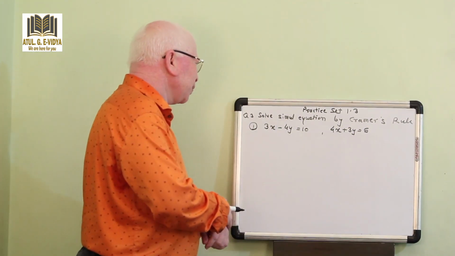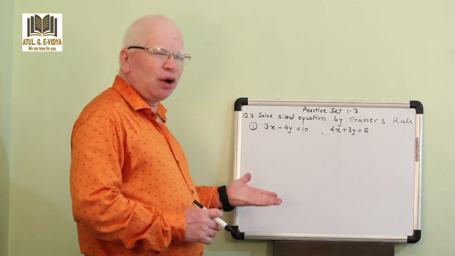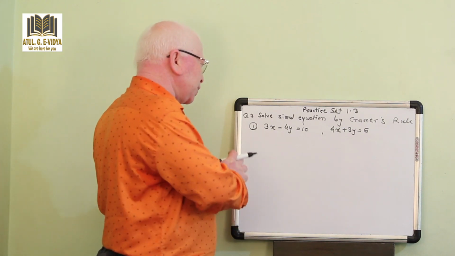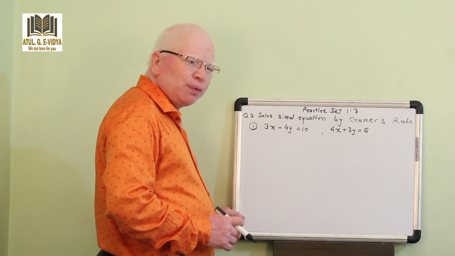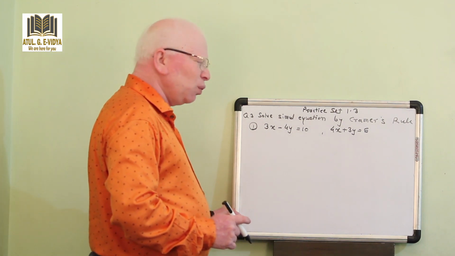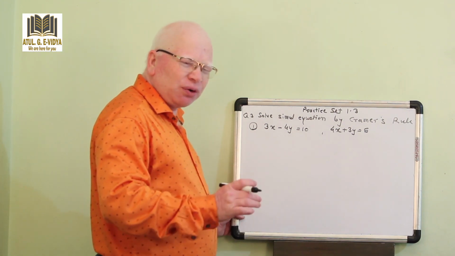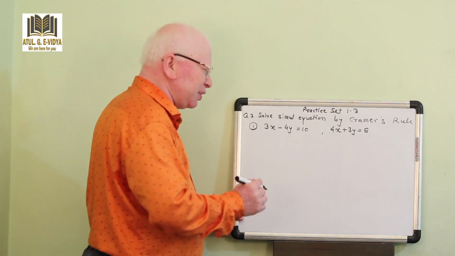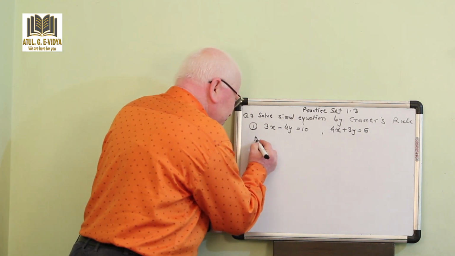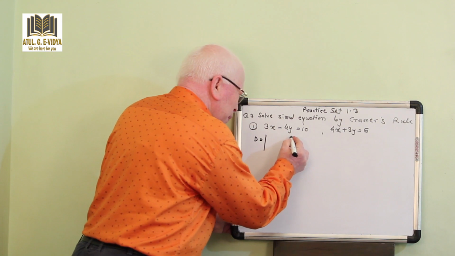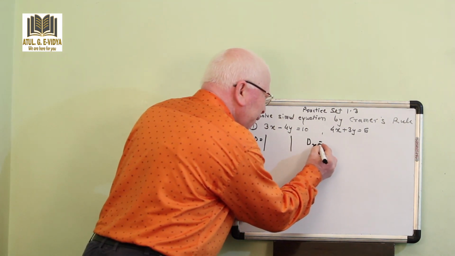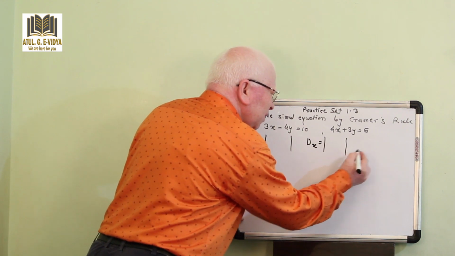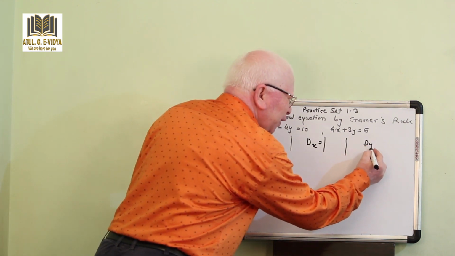So friends, now we are discussing the third question, that is solve simultaneous equations by Cramer's rule. For Cramer's rule we have to find the value of three determinants. First, that is D, next one, that is Dx, last one, that is Dy.